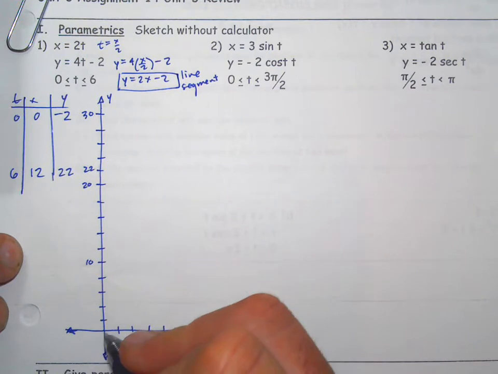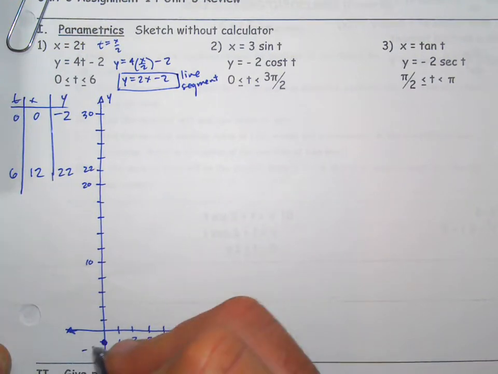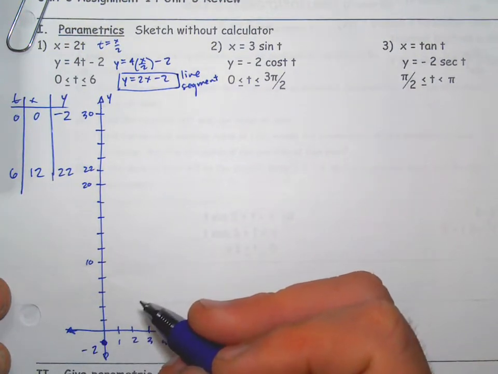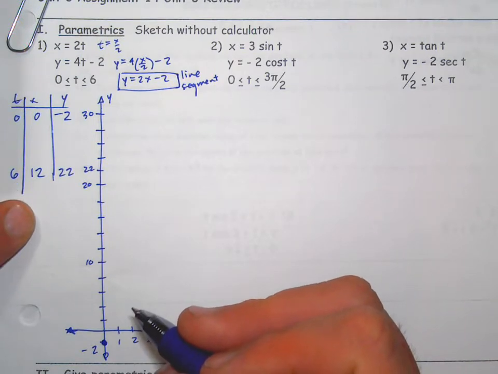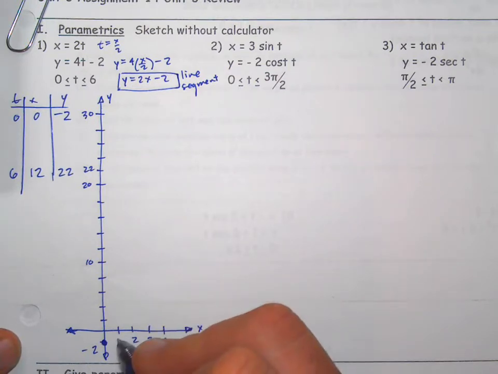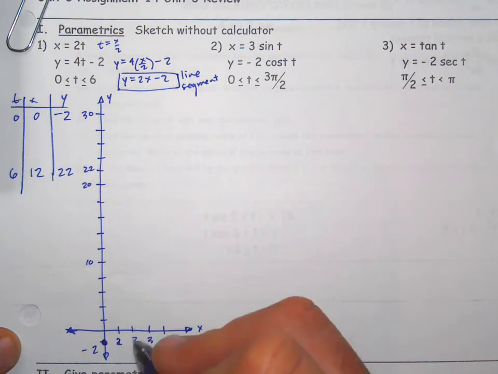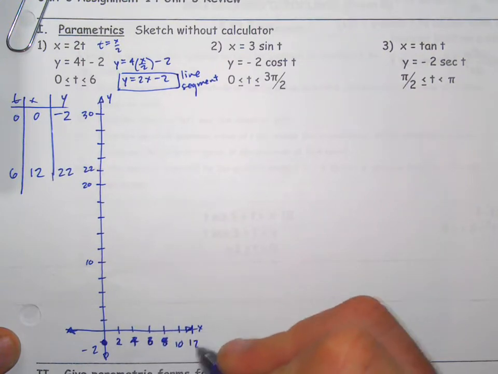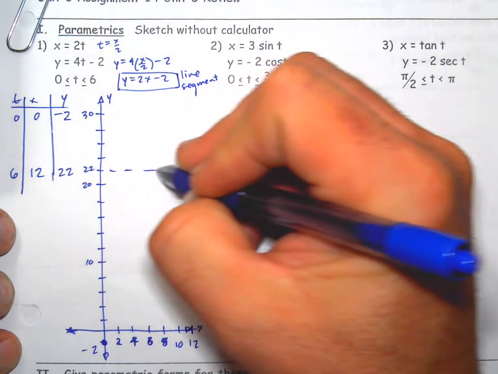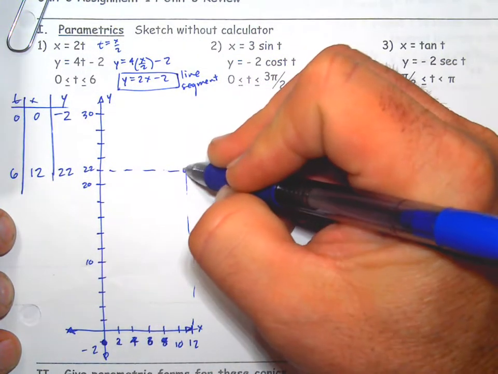So 0, -2 is right here. 12, 22. Oh, no. I messed up, I think. No, that looks right. 12, 22. So let's count this: 2, 4, 6, 8, 10, 12. So 12, 22 would be there.